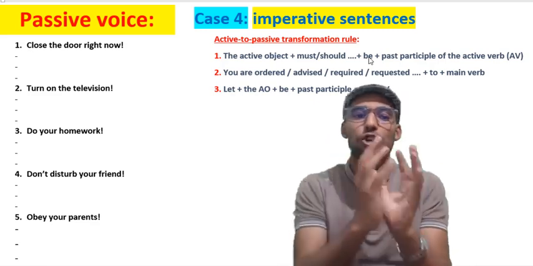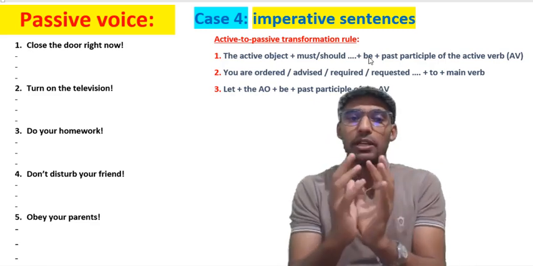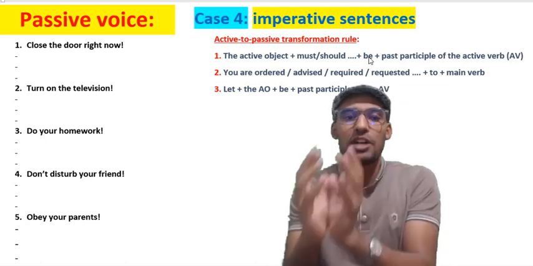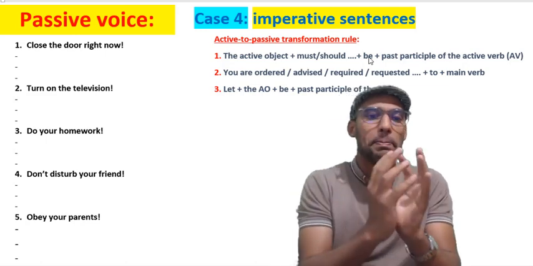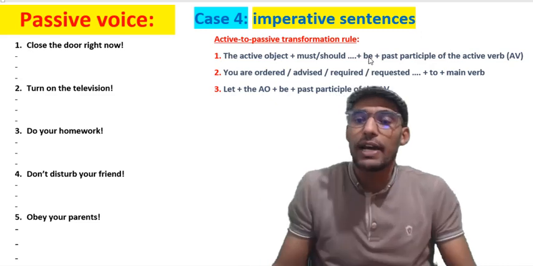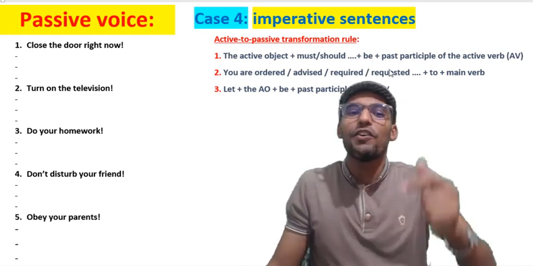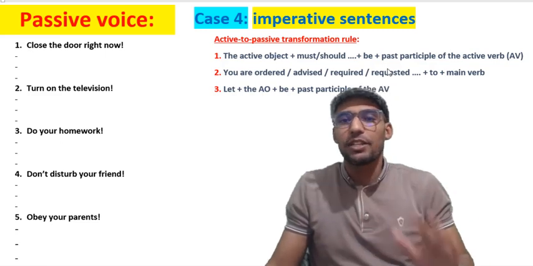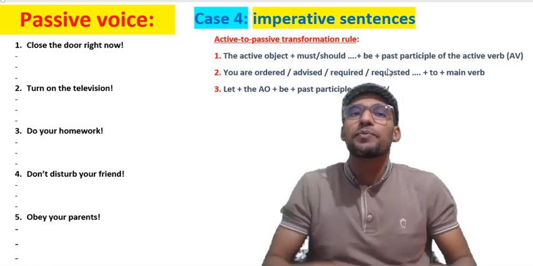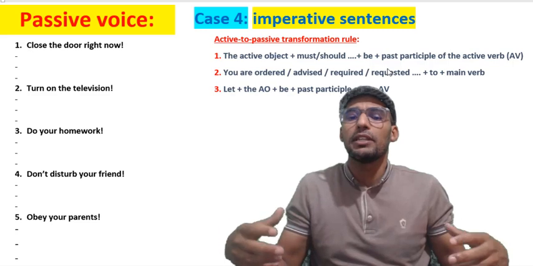Close, be. Turn, be. Do, be. Don't, be not, right? Obey, be, and so on, right? Plus what? Plus the past participle again of the main verb. As we talked many times, there must be this form, right?